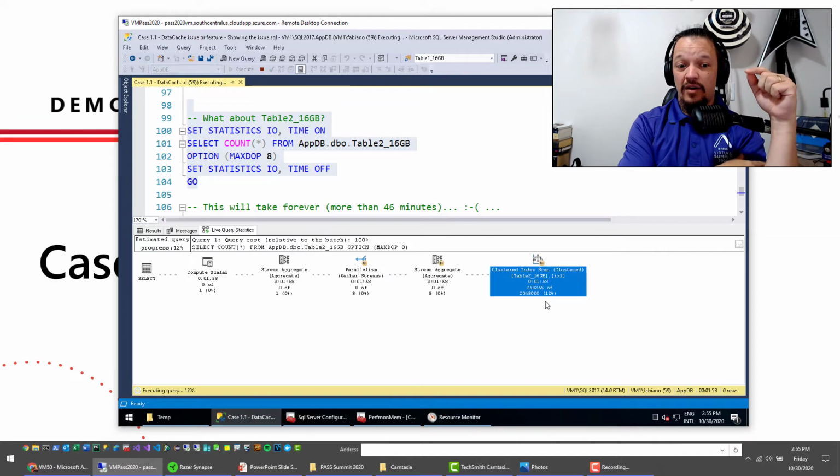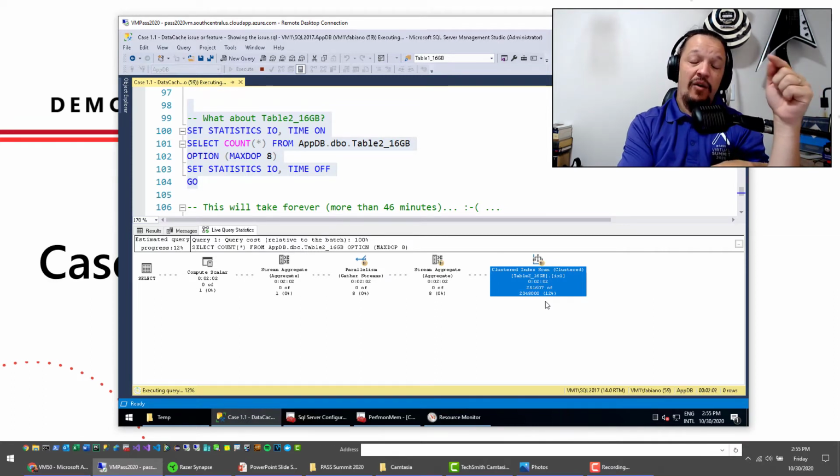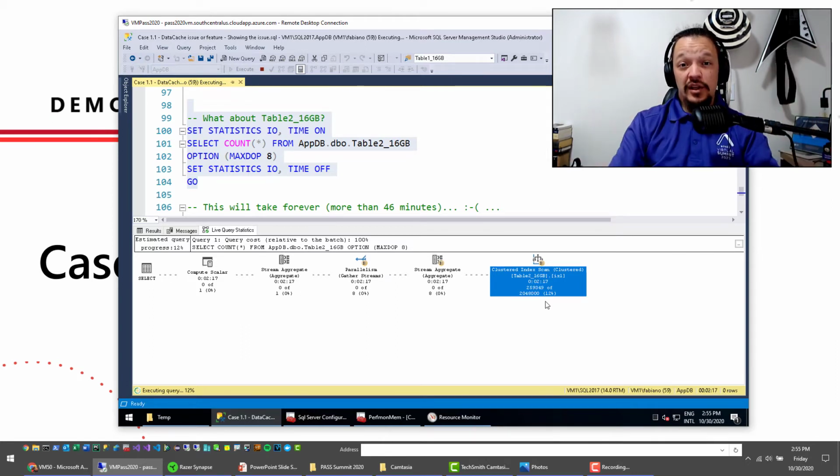There's one other thing that lazy writer is actually doing. Before it removes the page from the buffer pool data cache, if the page is dirty, it has to flush the page into the data file. Well, usually the process that does the flush is the checkpoint.